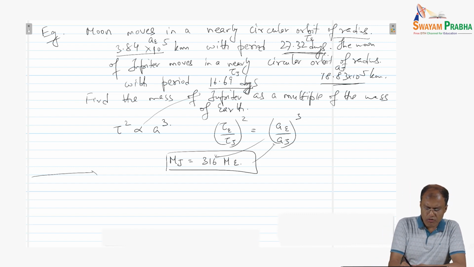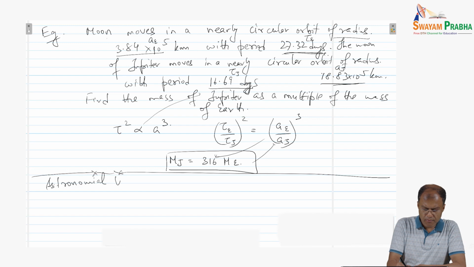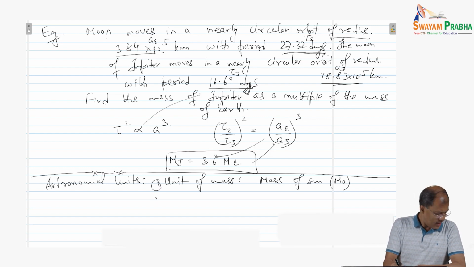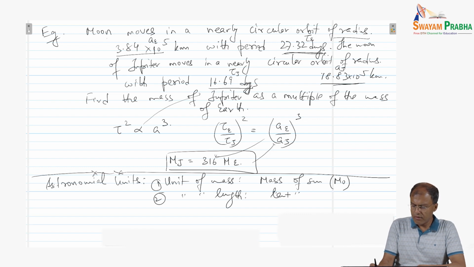So what are astronomical units? We have the unit of mass, which is the mass of the sun, m naught, and the unit of length, which is the length of the semi-major axis of the Earth's orbit about the sun.